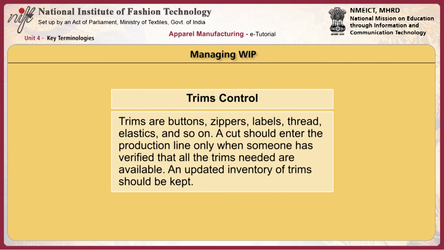A cut should enter the production line only when someone has verified that all the trims needed are available. An updated inventory of trims should be kept. A missing label could halt 12,000 units which are already cut.